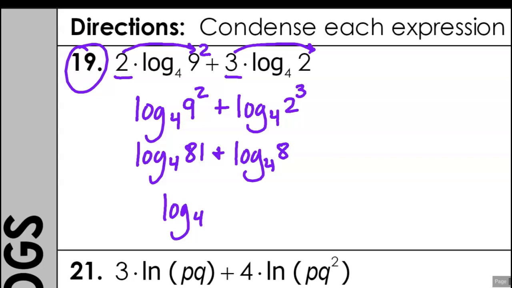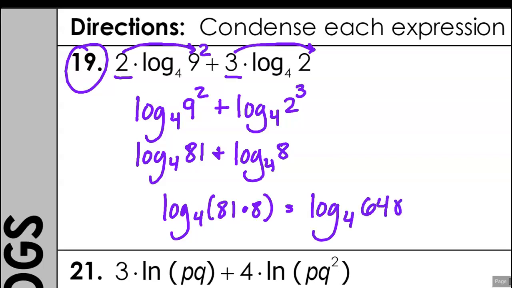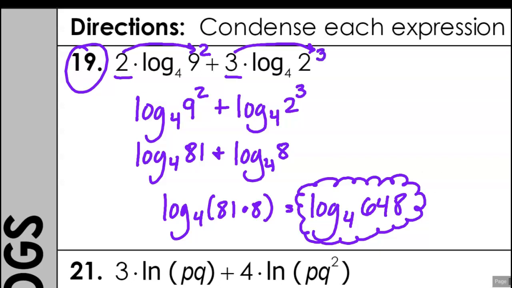When we have two logs being added, we can condense into one log by multiplying the arguments. And 81 times 8 is just 648. This is as condensed as this gets. It's a single log of the argument 648. Any questions there?